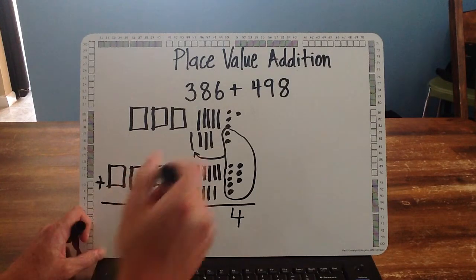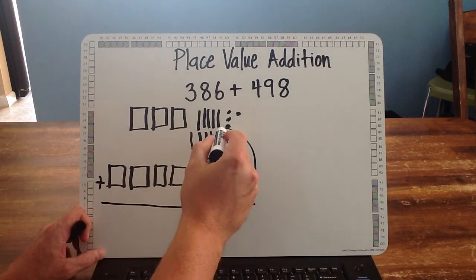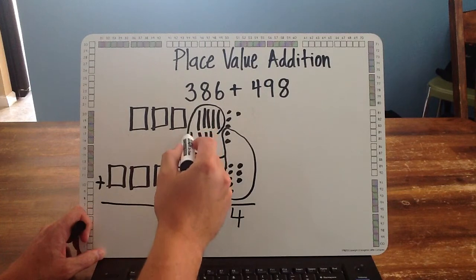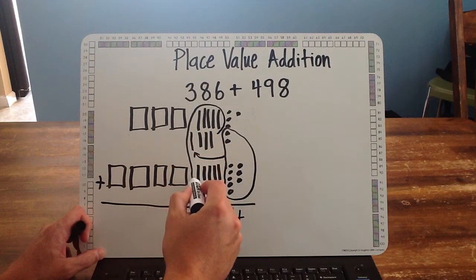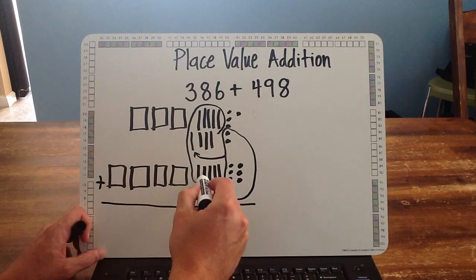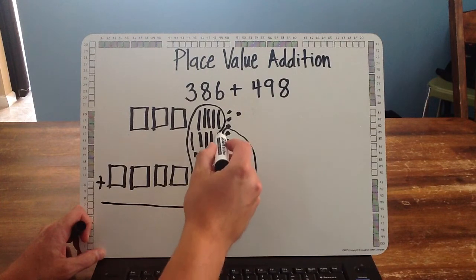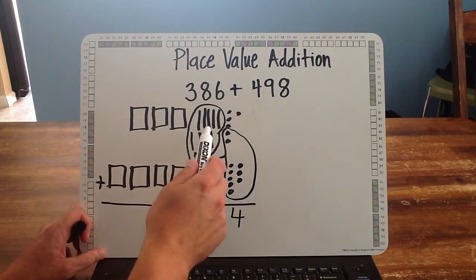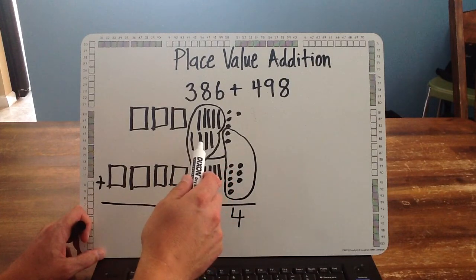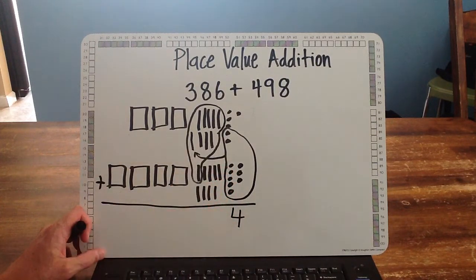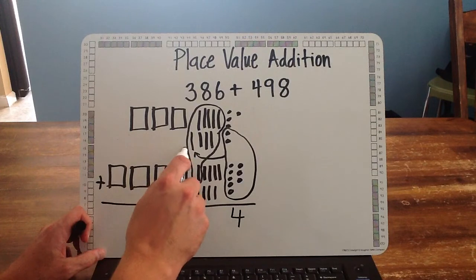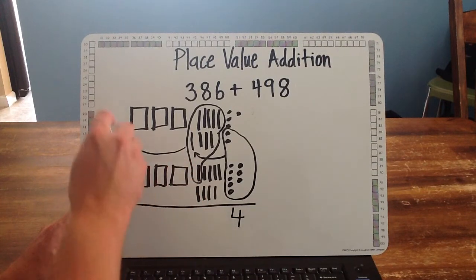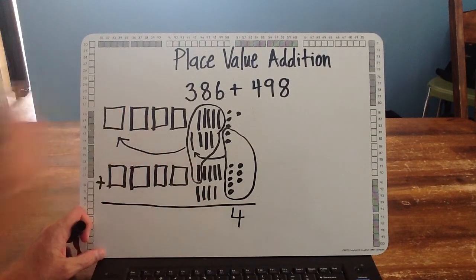So if I take these 9 tens, or this 90, and I take another 10 from the 90 below it, I now have another group of 10, which makes 100. 10, 20, 30, 40, 50, 60, 70, 80, 90, and now 100. So I'm going to bring this 100 over to the hundreds place. I've regrouped it and made it into another group of 100.